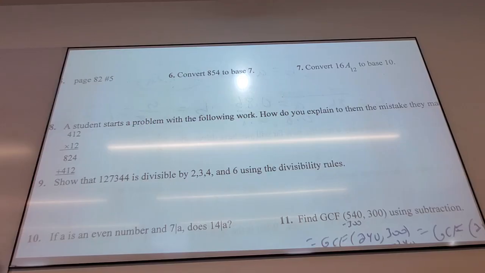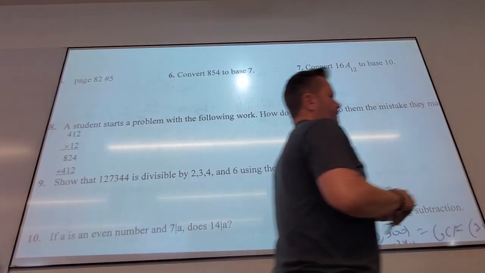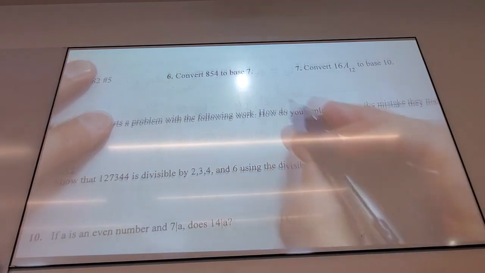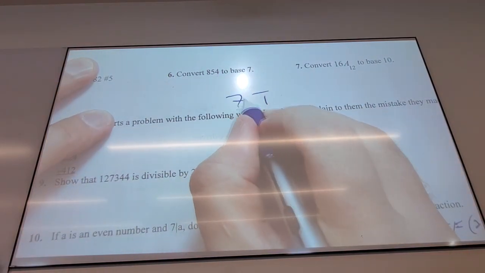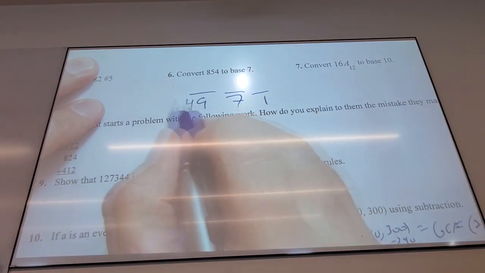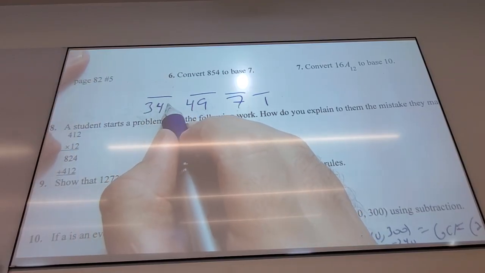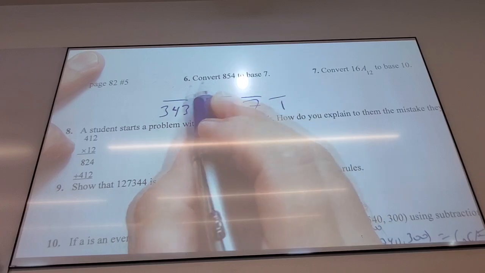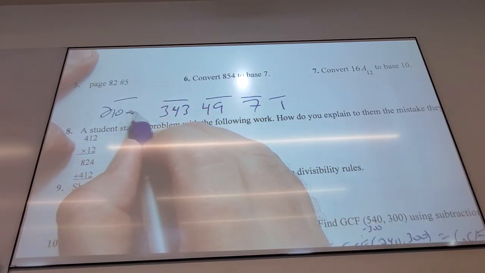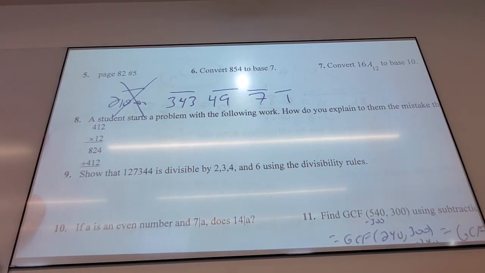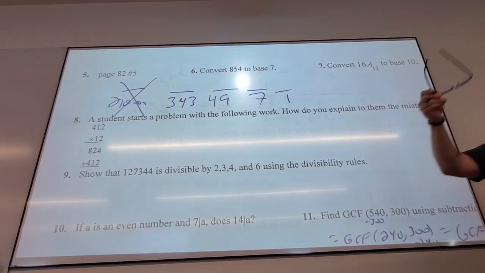Number 7 is easier. This is already in base 12, so I know what's in each place. Okay. What are the places in base 7? 1, 7, 49, 343, and then 2,401 is too much, yes? 7 times 343 is 2,401, and anything beyond that is too much.